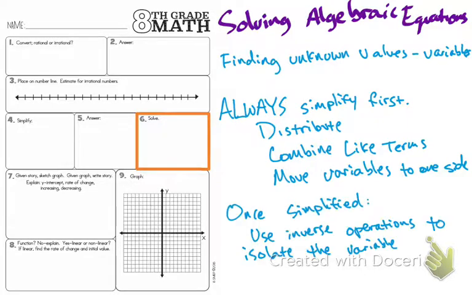Once you've simplified, then you are able to use the inverse operations to isolate the variable. And when we say isolate the variable, that just means that we're getting the variable all by itself, or in this case, we are simply solving that equation. That is what we are doing. And a quick reminder that when we use the inverse operations to isolate the variable, what we are really doing is we are undoing the math problem that is there before us.